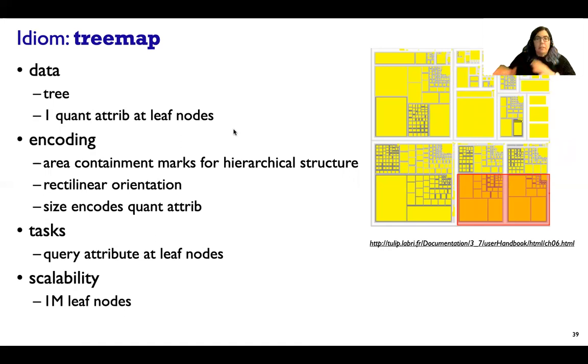Our data is a tree, and we're really emphasizing not so much the topological structure of this tree, but an attribute that we have at the leaves of the tree. So we have a quantitative attribute, and we're sizing these boxes according to that quantitative attribute.